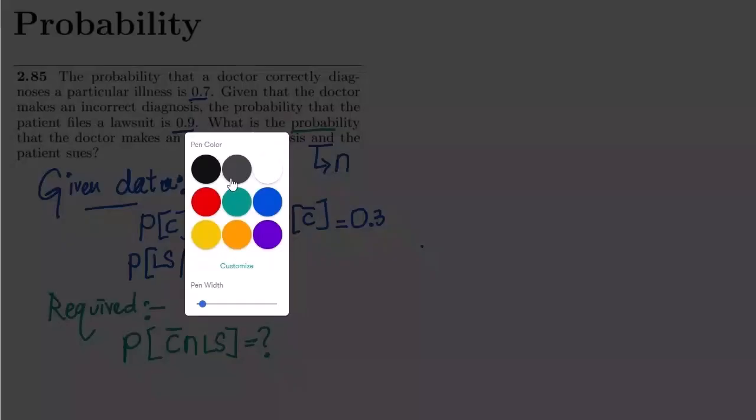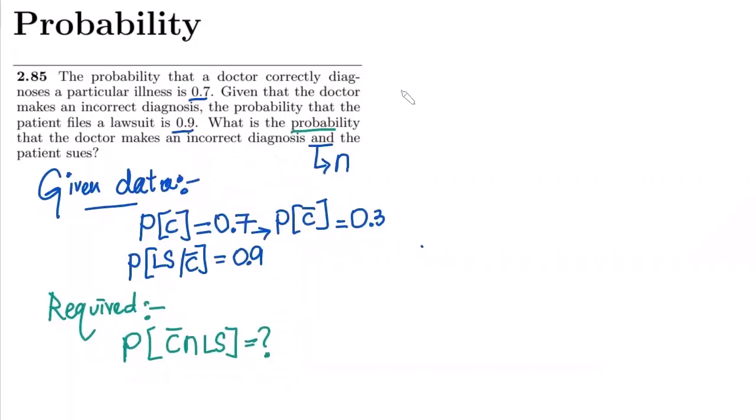Now in order to solve this question, what do we have to do? This is the solution, which is basically the third step. Here, in order to solve this question, let me use the conditional probability. By using the conditional probability, we have previously seen the chain rule for these types of questions.